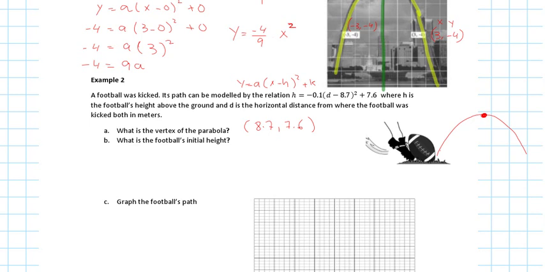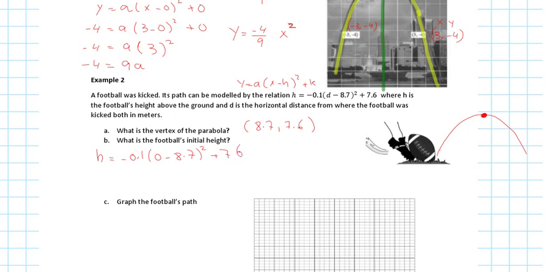Anytime we're looking at initial, we're looking at the x value to be 0. In this case, my x is d. So if I'm looking for an initial value, I'm going to have to replace the d, which is the x, to be 0. So h equals negative 0.1 (0 minus 8.7) squared plus 7.6.